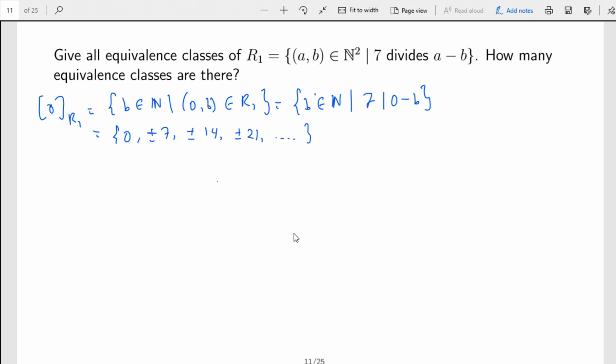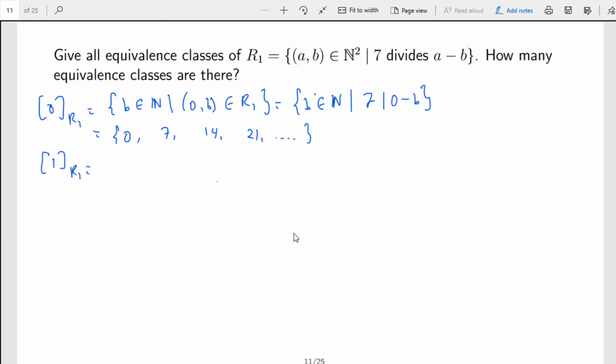Because we are talking about natural numbers, actually we don't need the minus, right? Natural numbers here.